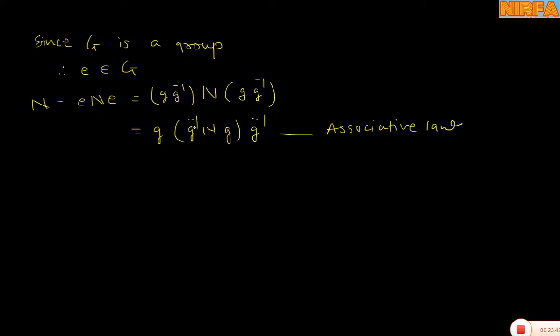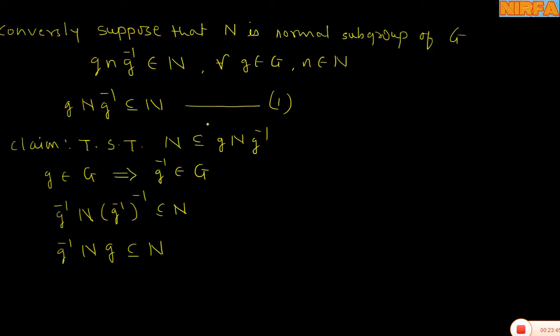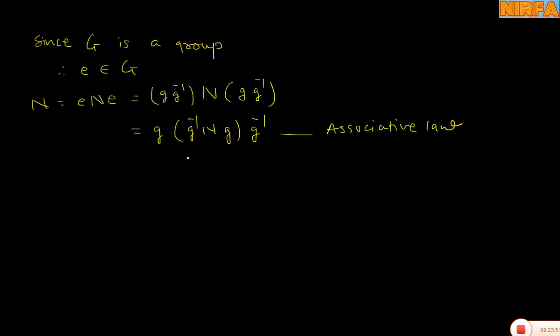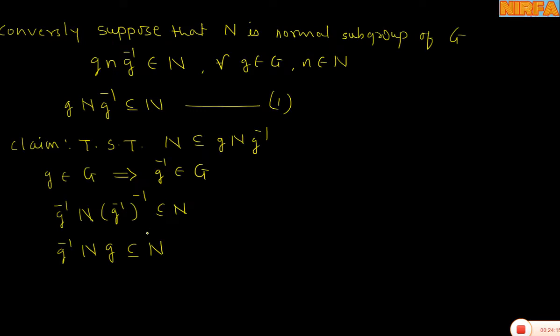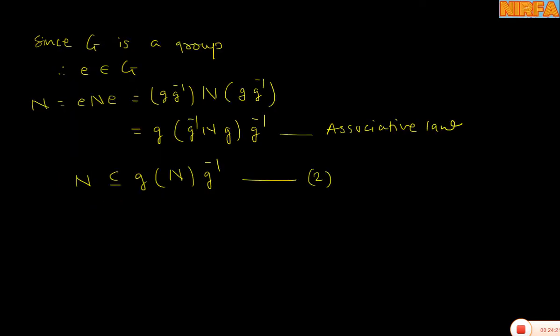Now we know that already from the last slide we have proved that g inverse N g is a subset of N. Therefore, this capital N is a subset of g N g inverse. Here instead of g inverse N g, I will put N, and here g inverse. Now let me call this expression equation number 2. And this is possible due to the previous result; I am using this step here.